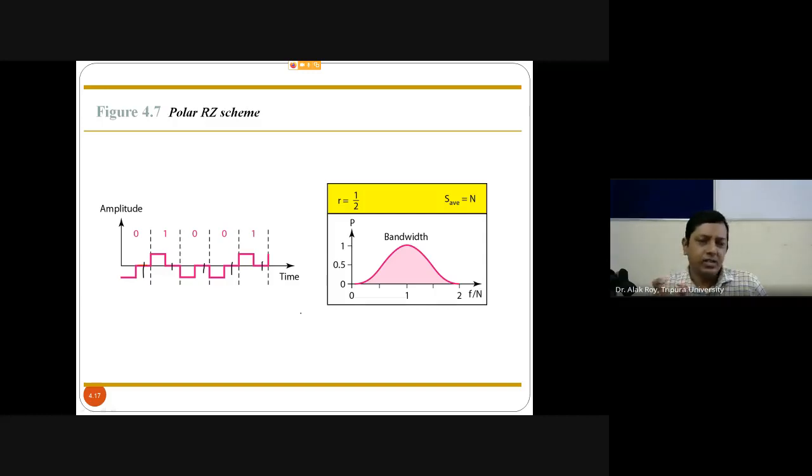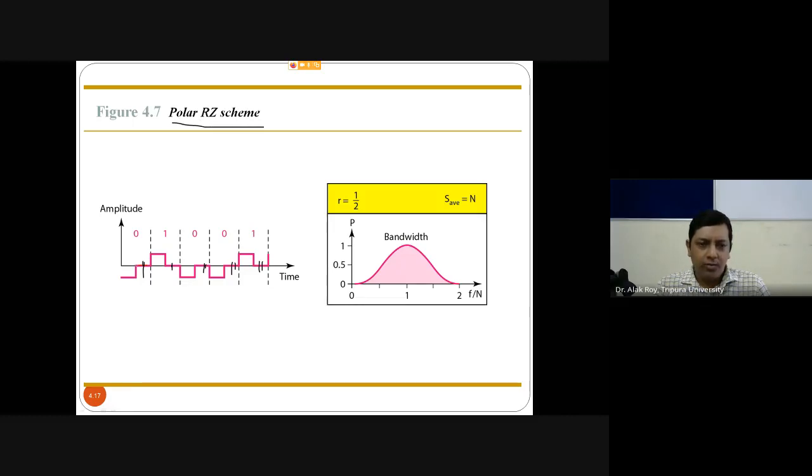For each bit, half of the length of the signal is used for synchronization. If for some reason you miss synchronization, the black colored signal position will sync your signal. From the name itself, polar RZ says that from the middle to the end of the signal, it will return to 0.